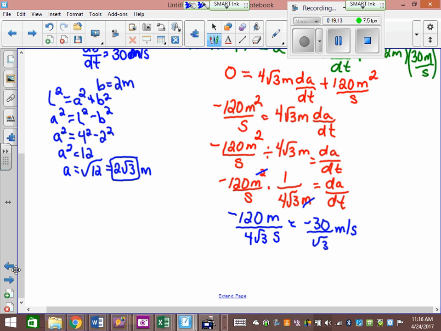Or if we rationalize that, we have negative 30 over root 3. We can multiply by root 3 and root 3. So we're going to get negative 30 root 3 over 3, which reduces to negative 10 root 3.